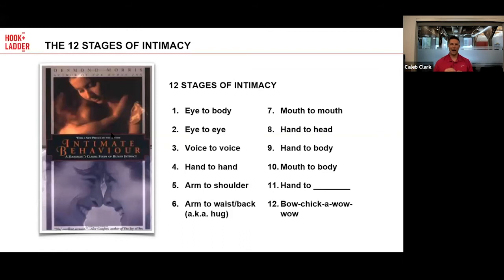How does intimacy between two humans form? And what we picked out of this and found most interesting is that it was not important the speed at which the two people would go through these steps, but it was very important that they went through a series of steps in between first meeting each other and, the rated R version.